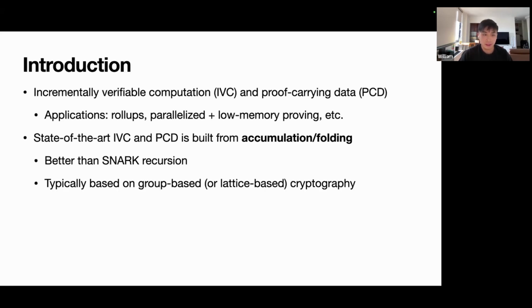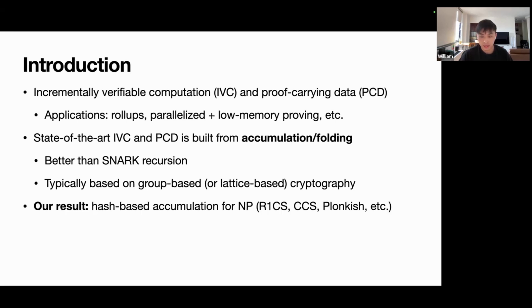Okay, so accumulation schemes are typically based on some sort of group-based or lattice-based cryptography, where they take advantage of the underlying mathematical structure of the assumption. In this work, we're going to be looking at how to build hash-based accumulation. Our approach works for many different constraint systems. In this talk, I'll just focus on R1CS.